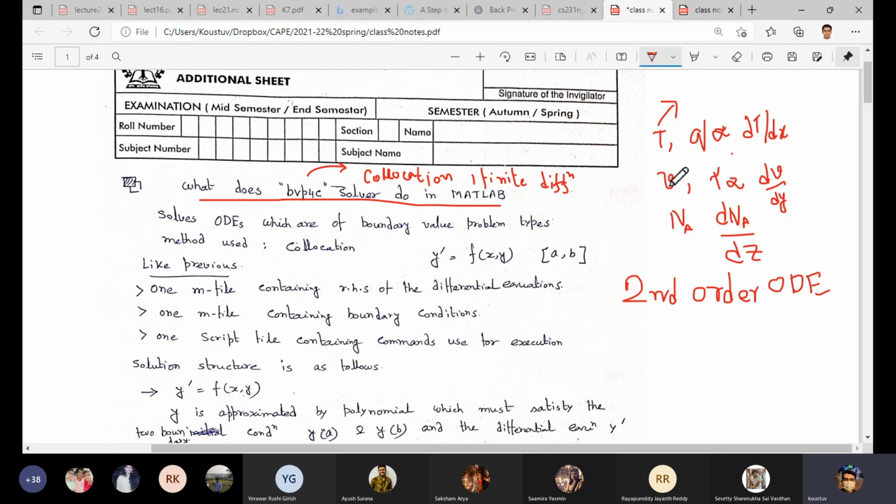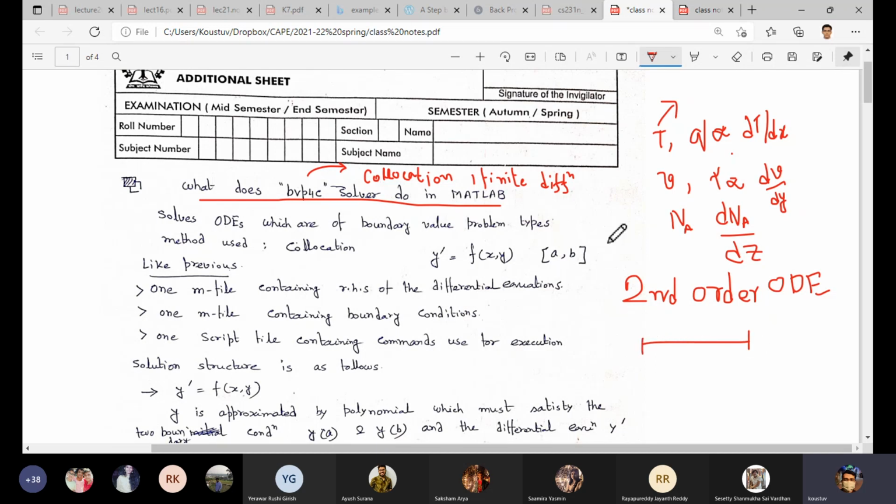So in the case of a boundary value problem, at two different locations or two different points, either temperature or flux is given, or velocity and shear stress is given, or the moles or the molar flux is provided. So at two different points it is provided, not just at the initial point.